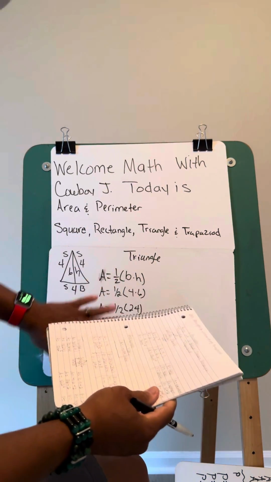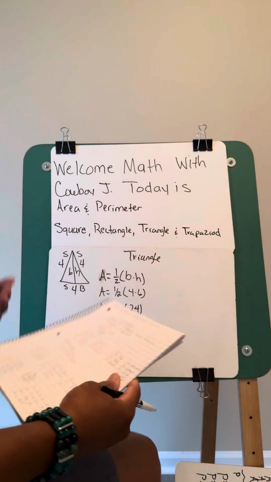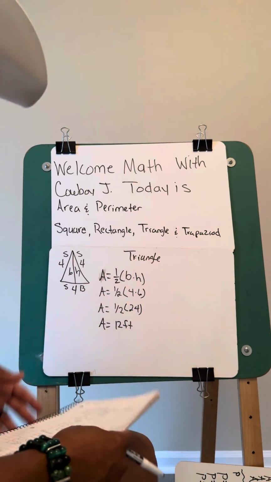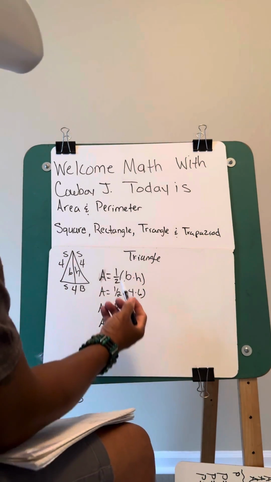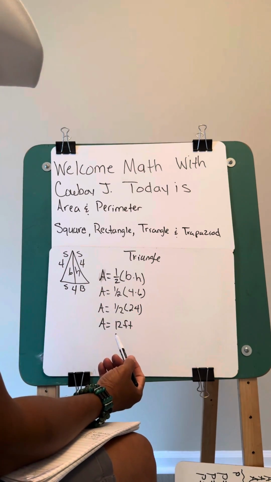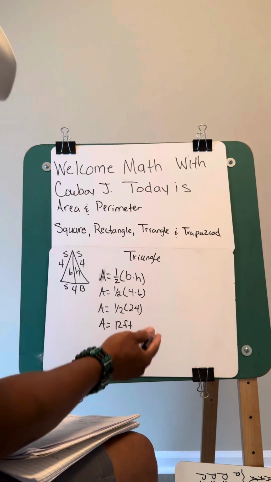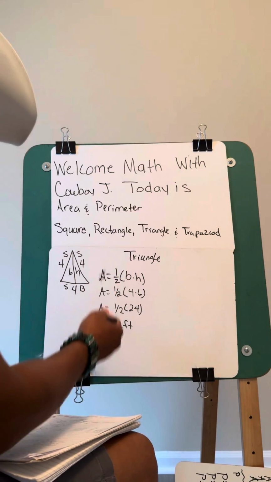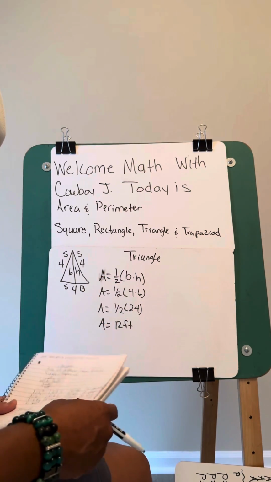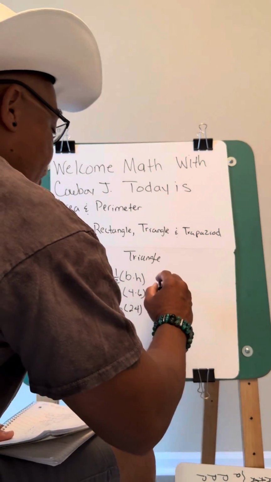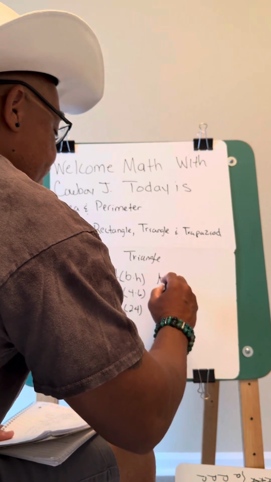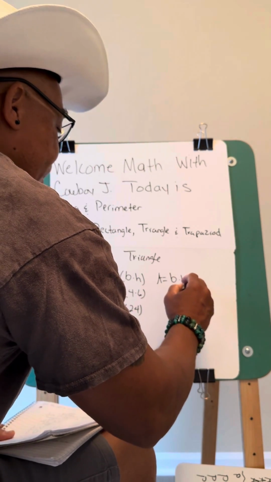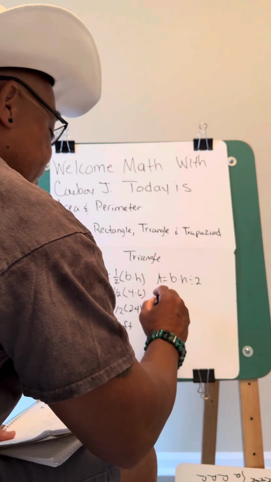Now for this one, you usually get a calculator because some kids know half, some kids don't, or they use the calculator and they don't understand you're supposed to put in 0.5 to divide the number by. So to help my students out with that, I always just said A equals base times height divided by 2.